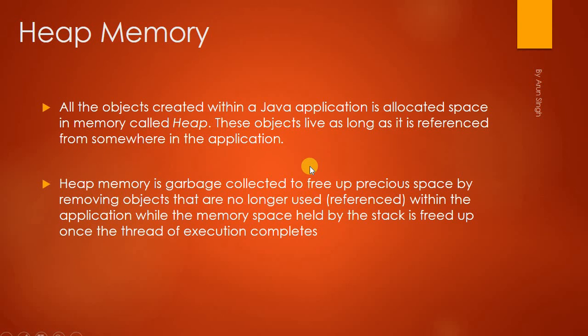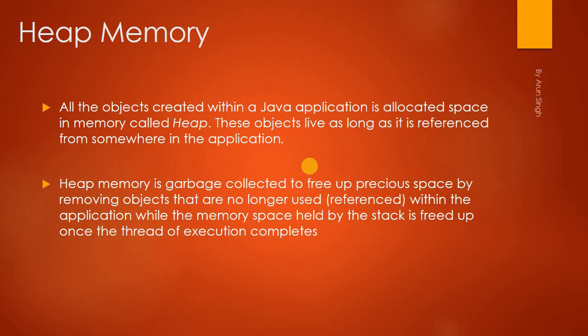Heap memory: all the objects created within a Java application are allocated space in memory called heap. These objects live as long as they are referenced from somewhere in the application. Heap memory is garbage collected to free up precious space by removing objects that are no longer used within the application, while the memory space held by the stack is freed up once the thread of execution completes.